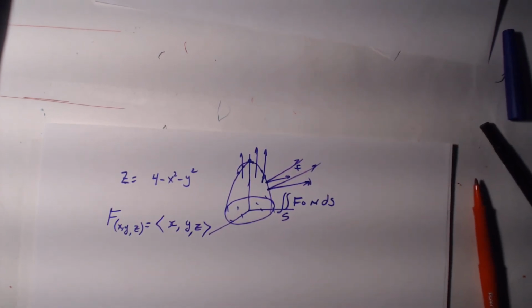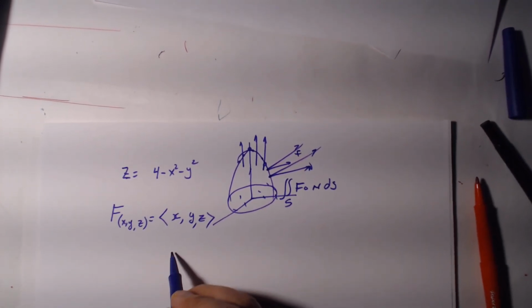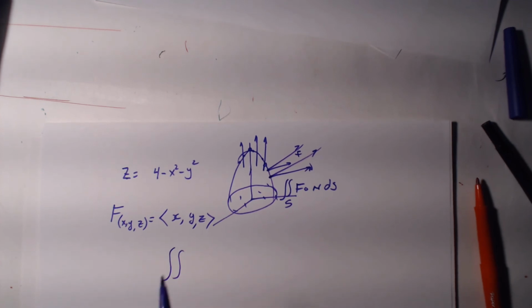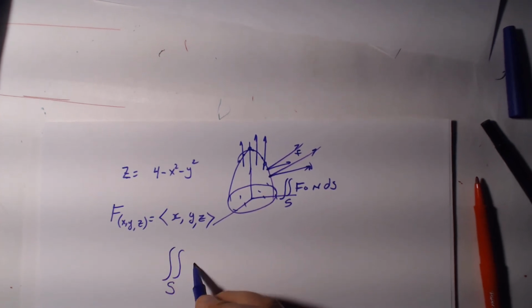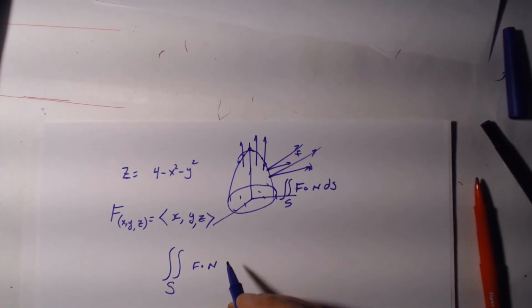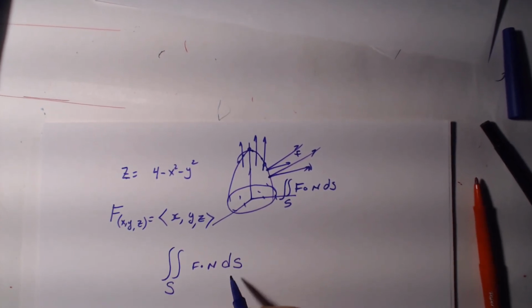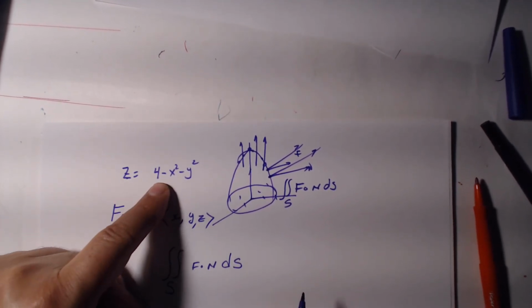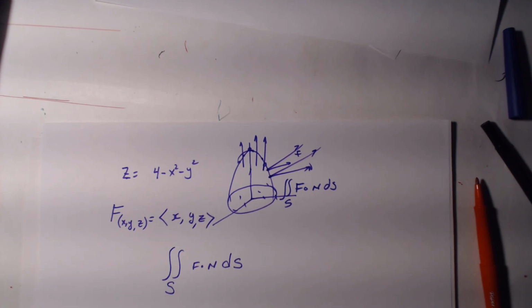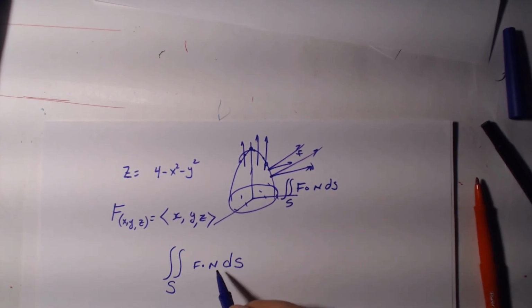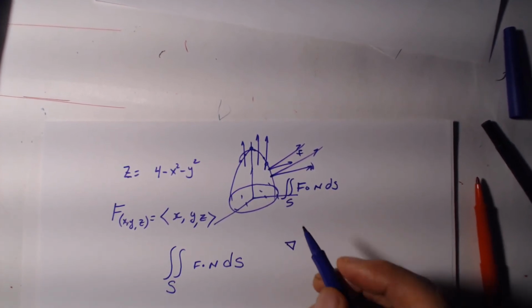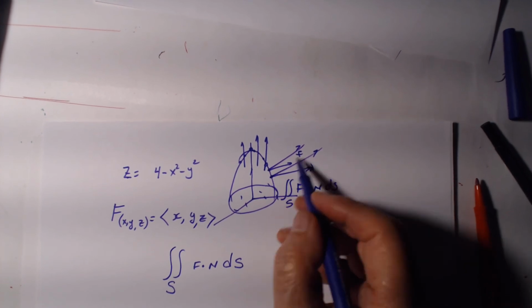It is two-sided. Then if I want to find the surface integral, I need F dotted with the N dS. Is this a parametrized surface? No. I don't need partial derivatives with respect to u and v, but I need a gradient, and I need flux out.